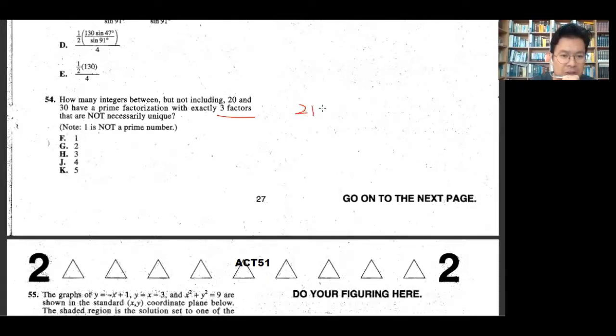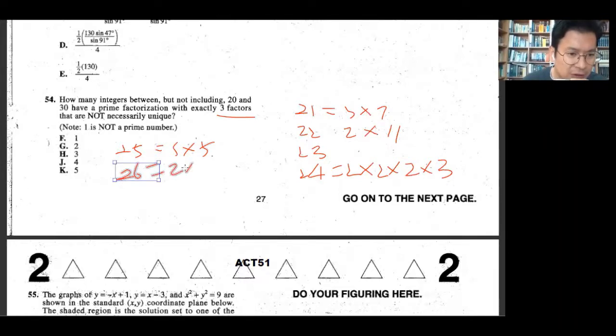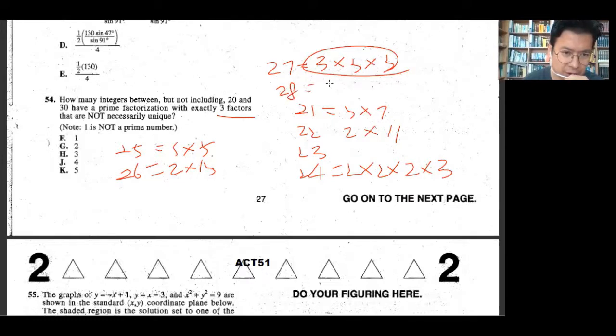So 21 is 3 times 7, so it doesn't work. 22, 2 times 11, doesn't work. 23, no. 24, 2 times 2 times 2 times 3, no. 25, no, 5 times 5. 26, 2 times 13, no. 27, 3 times 3 times 3, yes. 28, 2 times 2 times 7, yes. 29, no. Just 2.